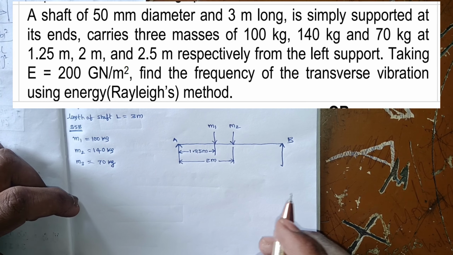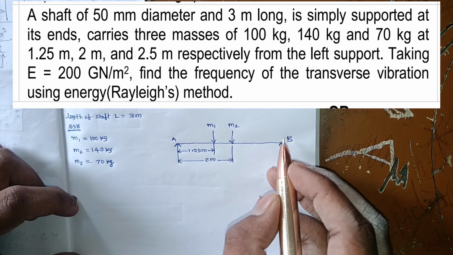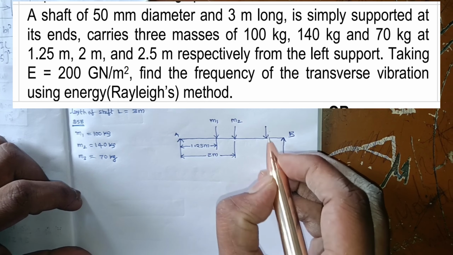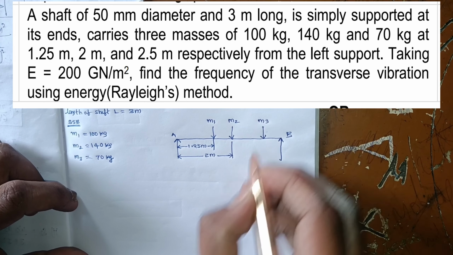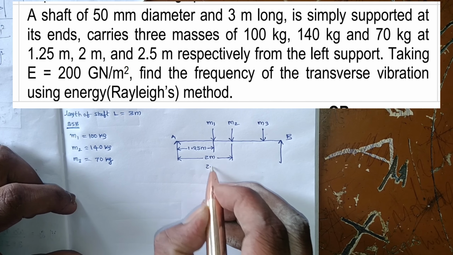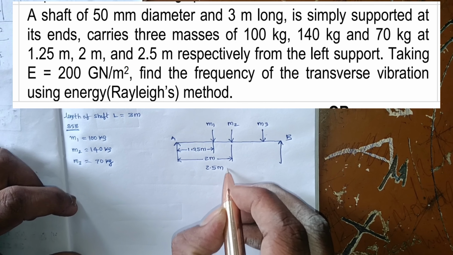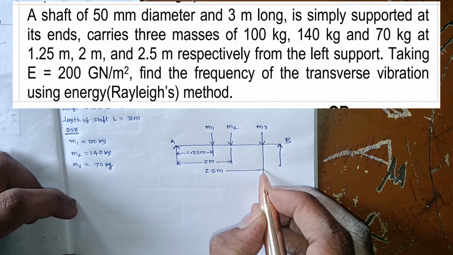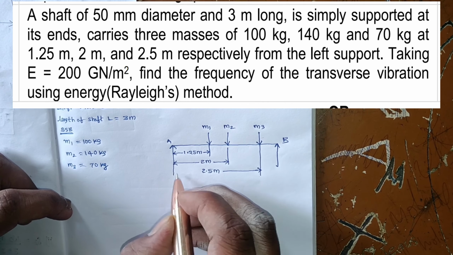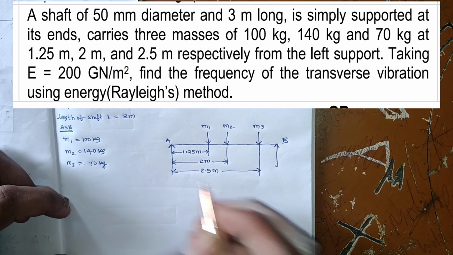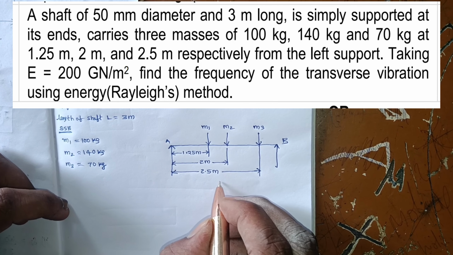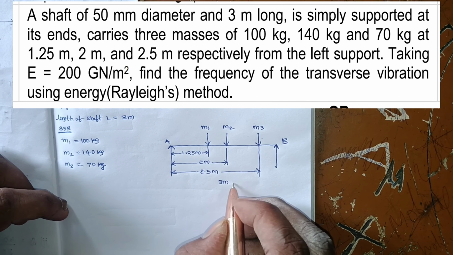Next one is 2.5 meters, that is M3. But the length of the shaft is given as 3 meters, that is the total length.